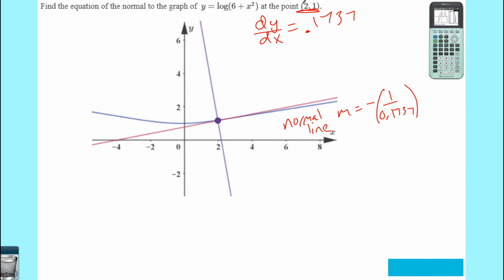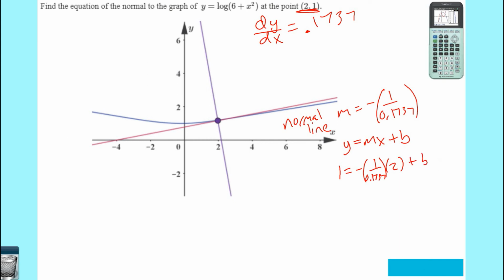Okay, so now we've got our slope and we have a point. So now we want to find the rest of our equation. Again, a lot of people forget point slope formula. Most people remember y equals mx plus b. So plug in what you know. You know x is 2, you know your slope is this, and you know your y is 1. So 1 equals, all right, plus b.